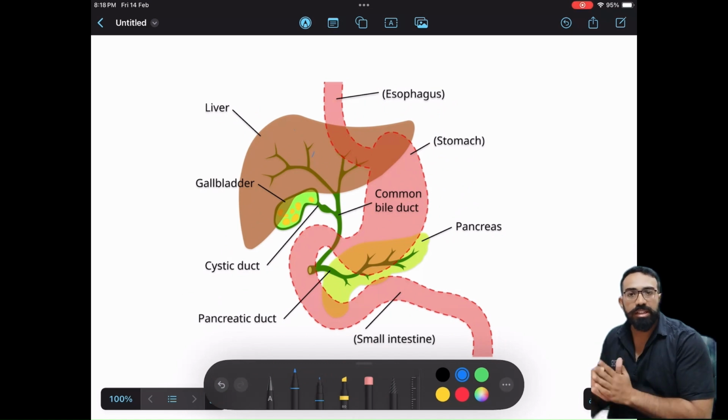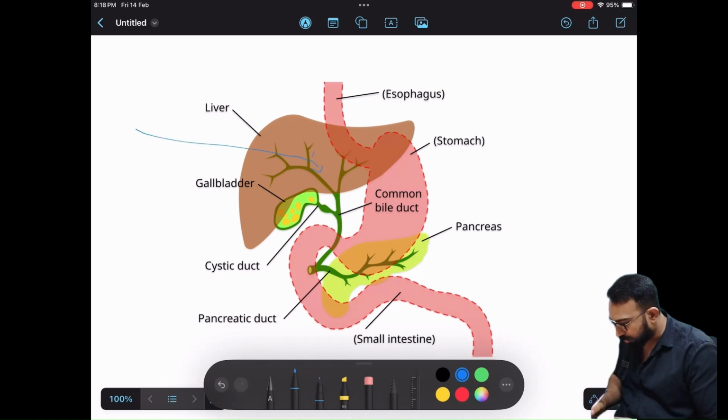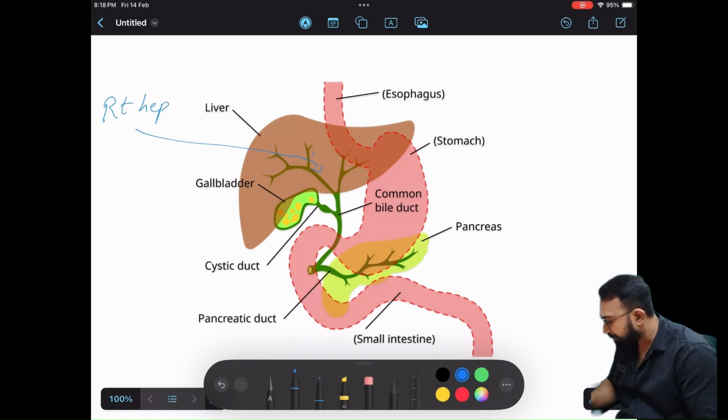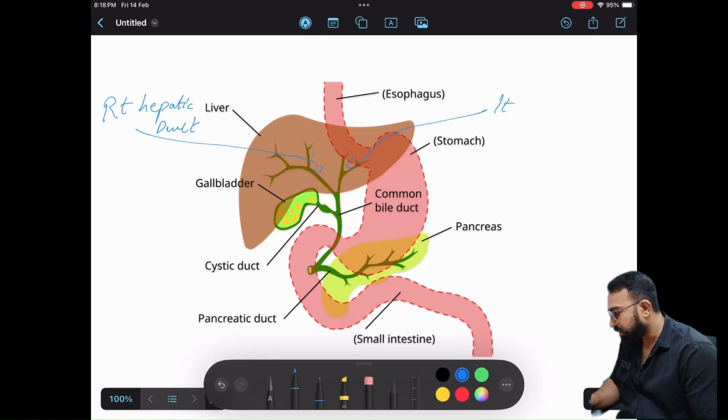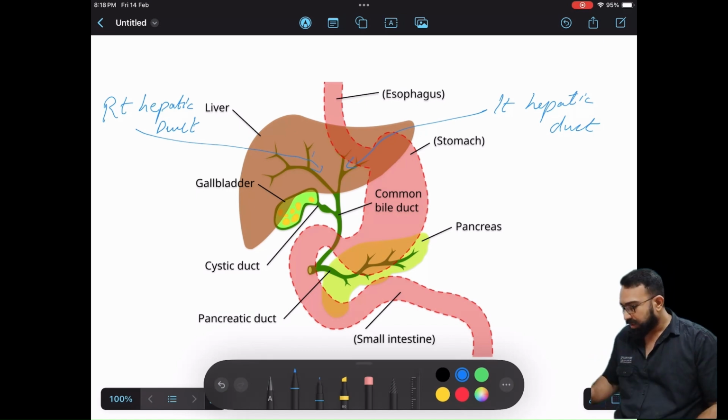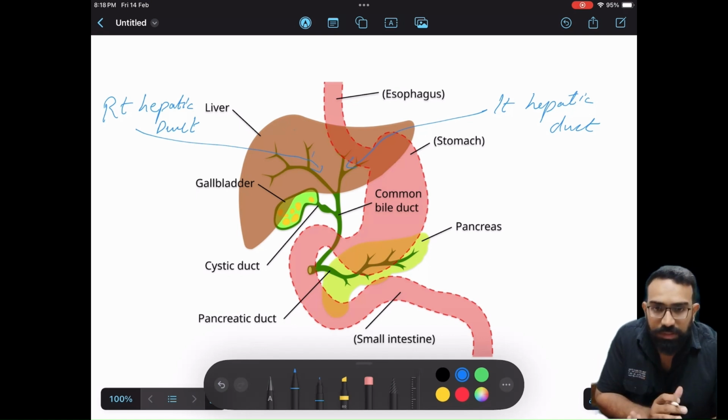Now we'll see this in the diagram. This is your biliary system. This is the right hepatic duct of the biliary system. This is the left hepatic duct. Whatever bile the liver is making is getting collected into these ducts.